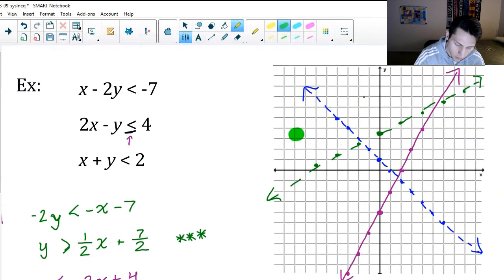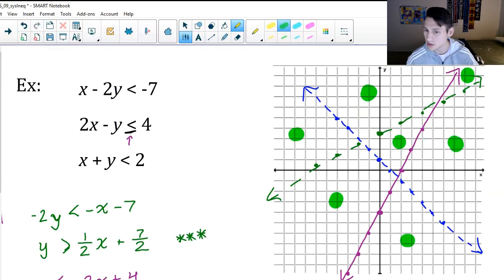Right, so there's 1, 2, 3, 4, 5, 6, 7. There's 7 different areas here that could end up being the answer. Only one of these areas with the green dots in them is where the solution is, because only one of those fits all of the criteria for each line.